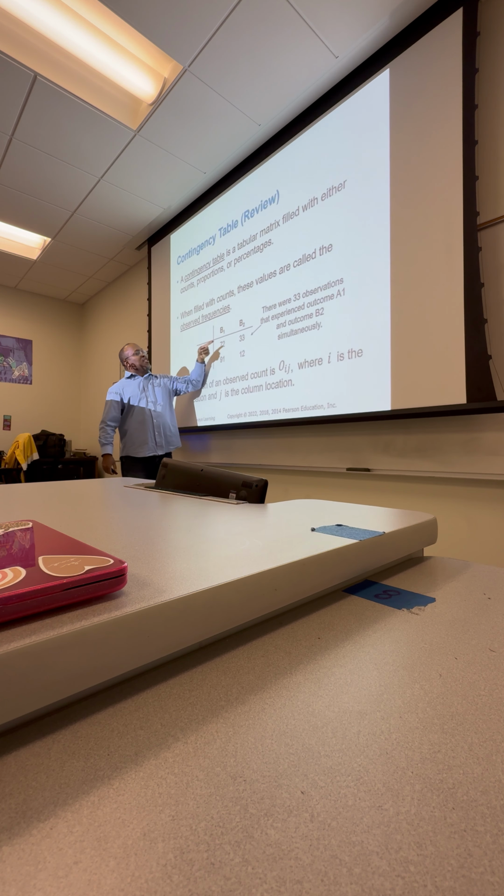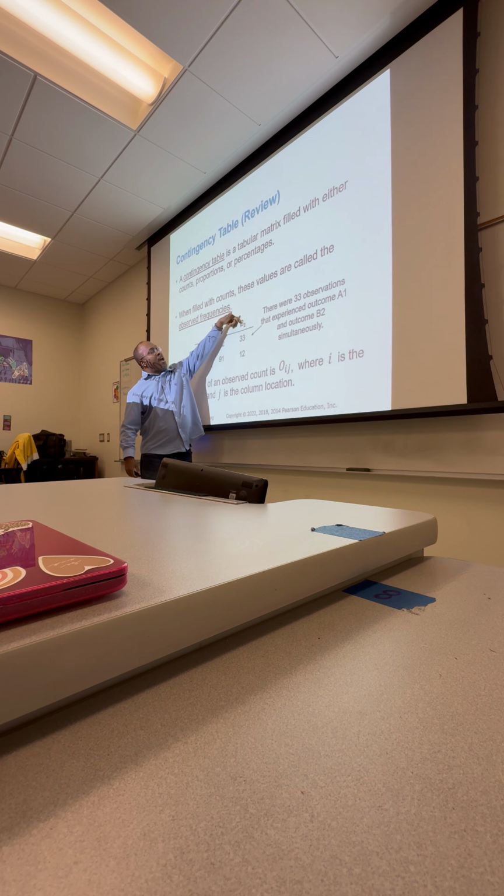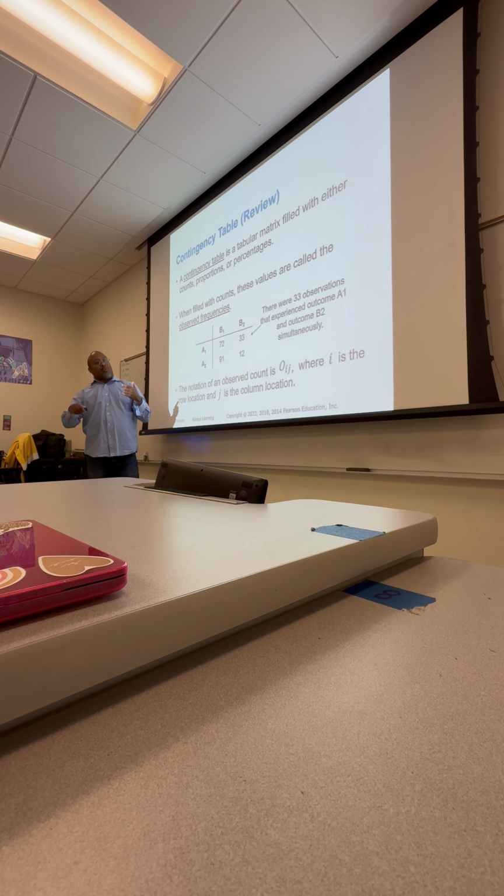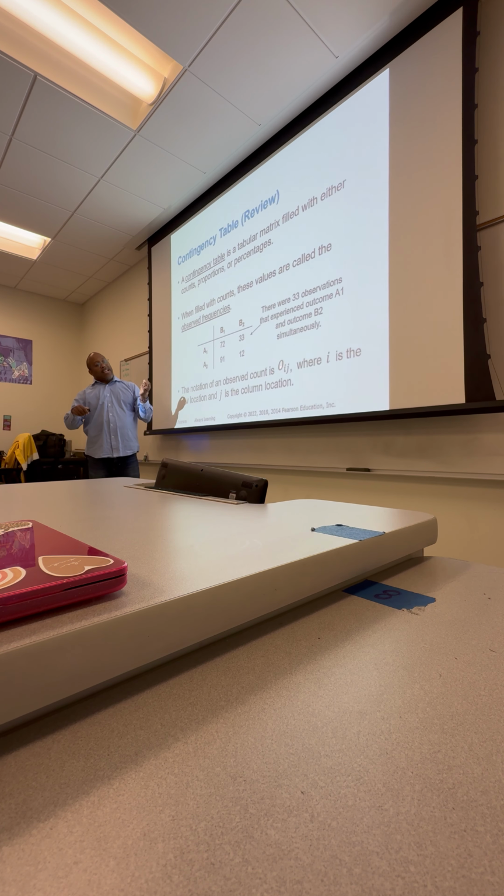is that these 33 observations had this particular outcome for A, we'll call it A1. This particular outcome B2 for event B, okay? And now we got to talk about new notation. In the last lecture, we talked about O_i, which is the observed frequency for the ith class, okay?